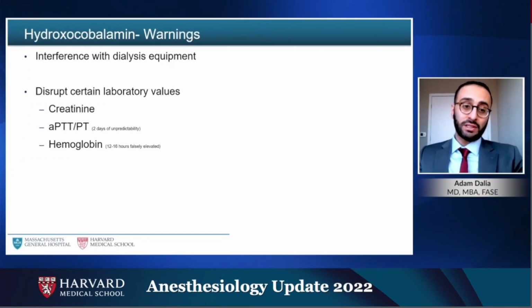For the PTT and PT, you can have up to 2 days of unpredictability, so high or low. And so it really makes you think twice before just administering this, especially in a patient who you're encountering in the operating room and who may have an extended ICU stay. And if these laboratory values are going to be perturbed for 12, 16 hours, or even up to 2 days, you may want to think twice.